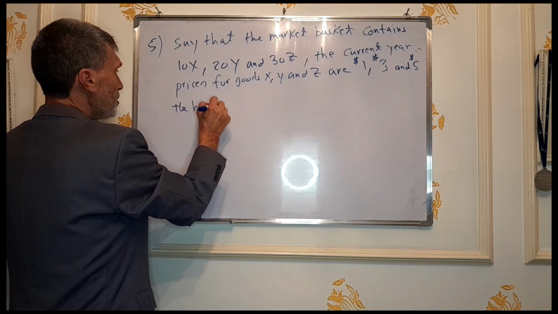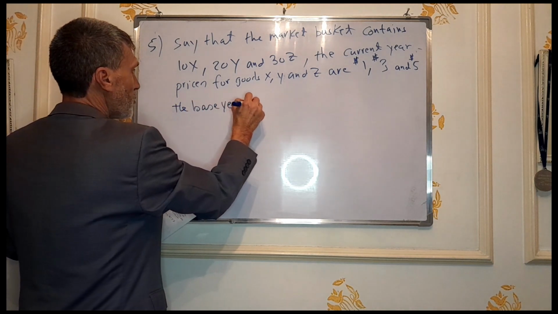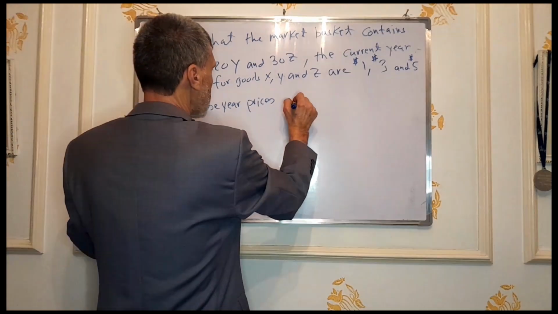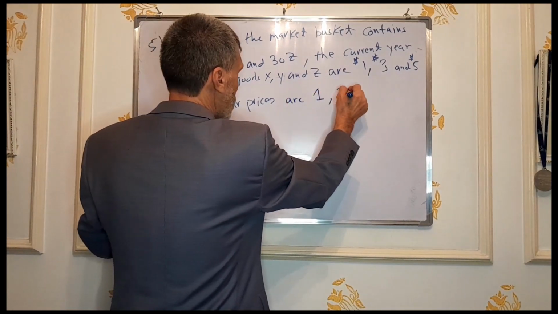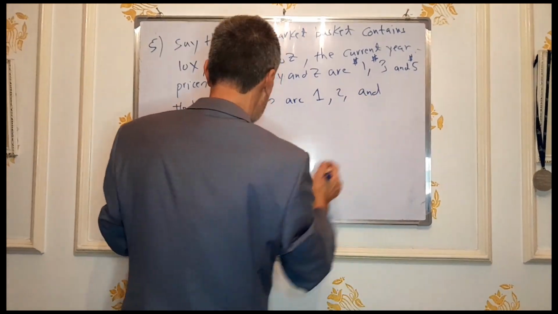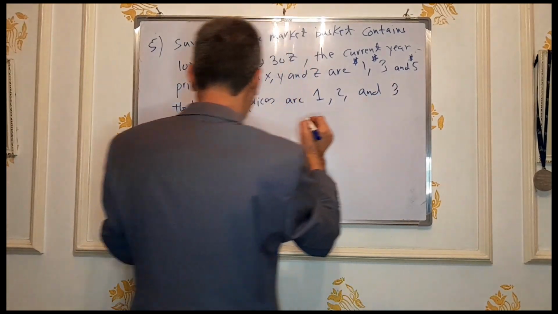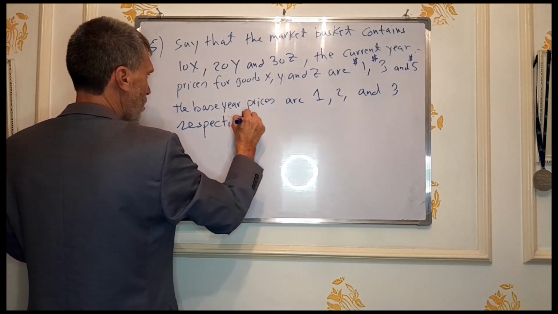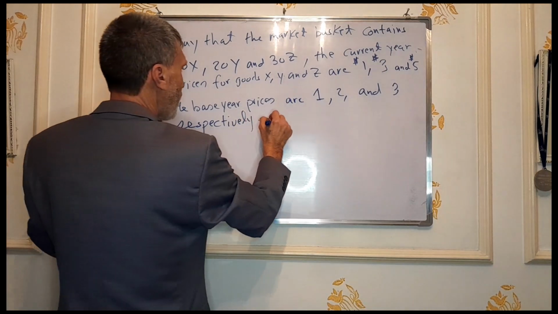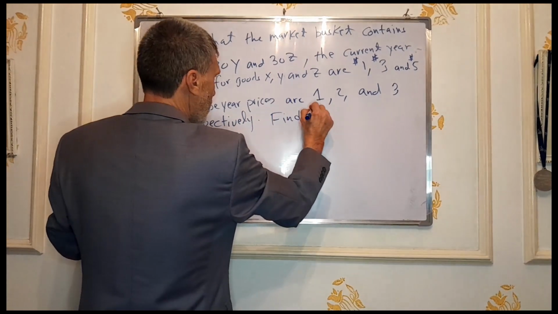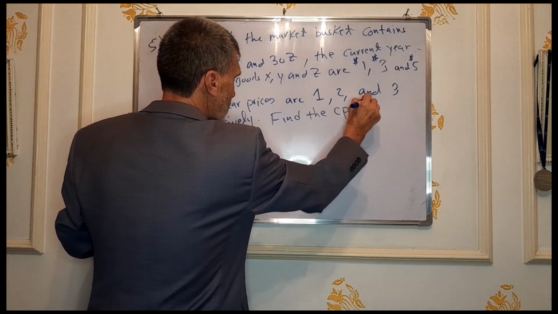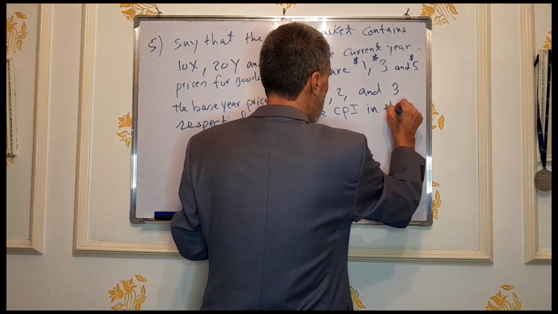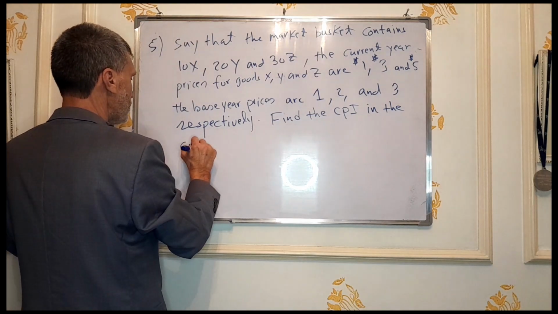The base year prices are 1, 2, and 3 respectively. Find the CPI in the current year.